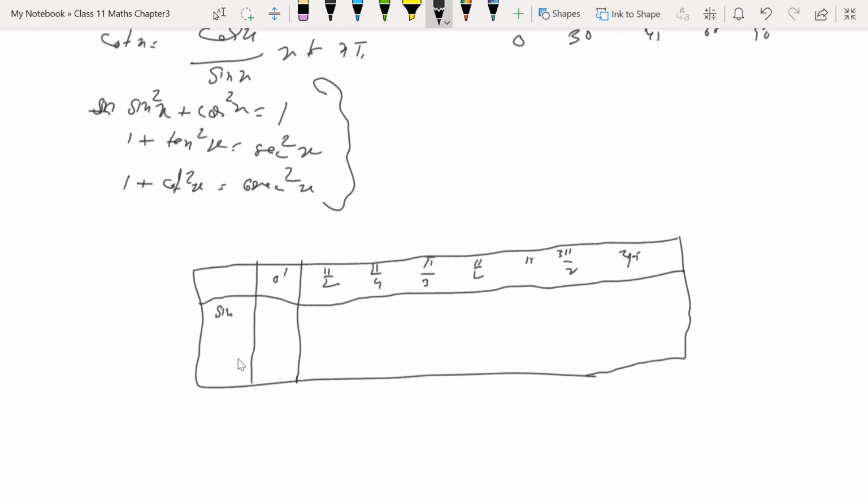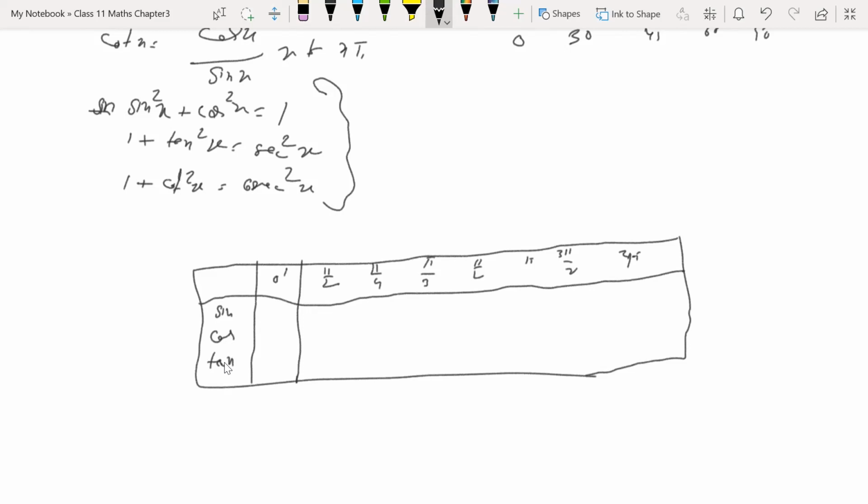Sine, cos, tangent. If you know the values of two functions, sine and cos, or three functions, sine, cos, and tangent, then you can calculate the remaining ones also, because all others are reciprocals of these.